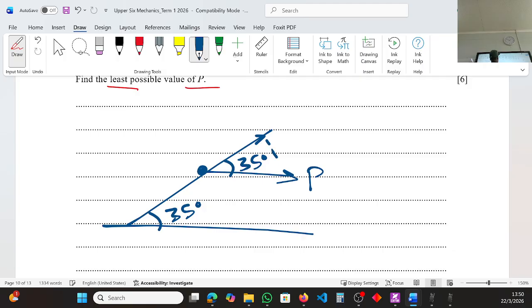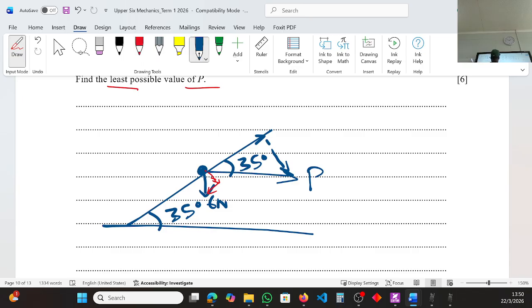And this can be broken down into its components, horizontal and perpendicular. We are told that the object's mass is 0.6, implying its weight is going to be 6 newtons. And when I break this into its components, I'll have perpendicular and parallel.